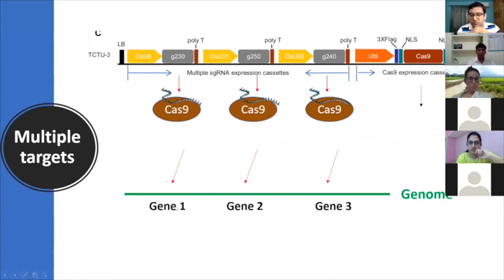Like this one goes to gene 1, this one goes to gene 2, and this one goes to gene 3, and likewise. So you can do editing, or you can disable multiple genes in one single experiment if you have multiple targets to disable. So multiplexing is easy with this system.